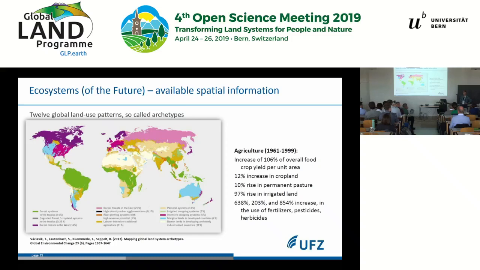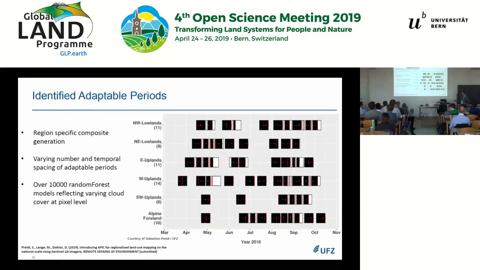Well, the classifier only picks spots where you have training data at times where there are no clouds. And that you can see here. So for example, in the southwest uplands, we had much less training data available than in the other areas, and consequently, you have also fewer composite periods identified.